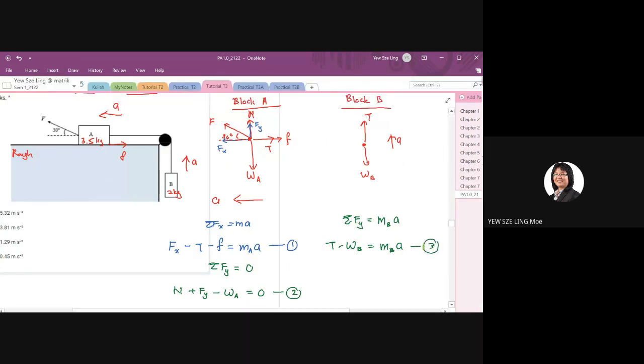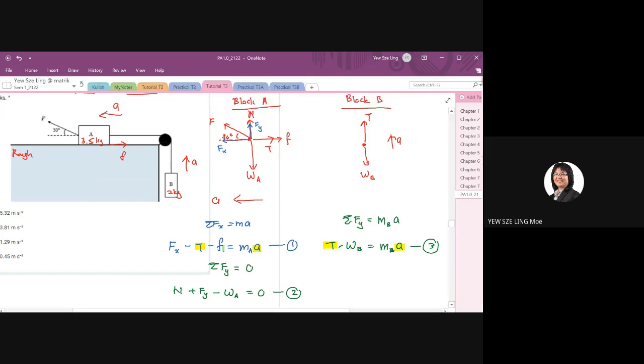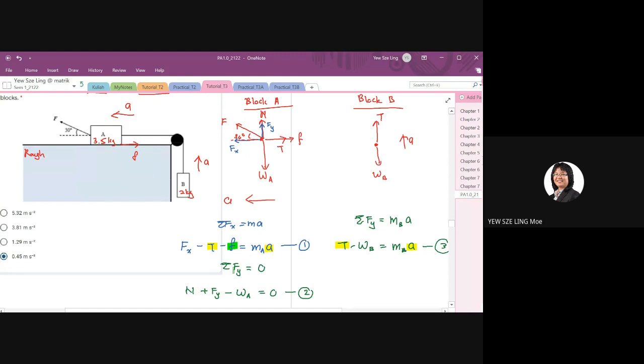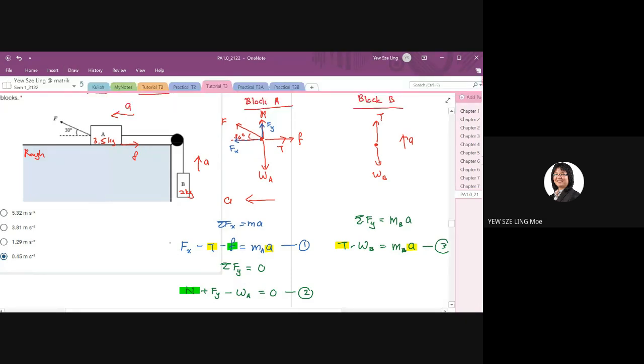Why play around with these three equations? First of all, equations 1 and 3 have two unknowns, T and A. And then there's one more unknown that we don't have, which is f. We don't have the value of f, but we know that f can be calculated by using N. From here, we need to use the y component from block A, because of the relationship f equals mu N. That's why we need equations 1 and 2.